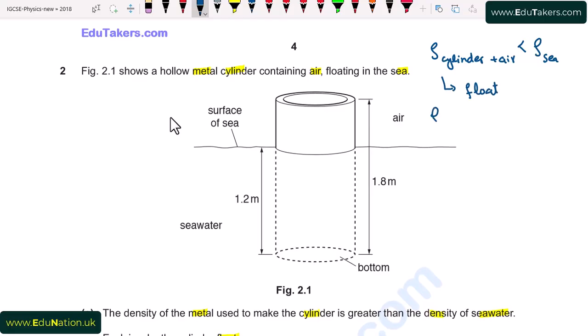The other condition is that if the density of cylinder plus air is greater than the density of seawater, then it will sink. In our case, the density of metal that is used to make the cylinder is greater than the density of seawater, but we can say that the density of cylinder and air is less than the density of seawater. That's why it will float.